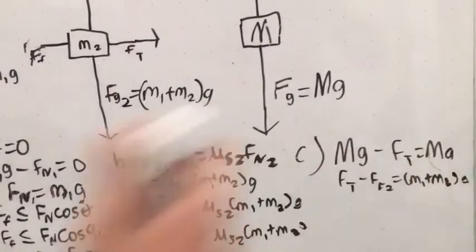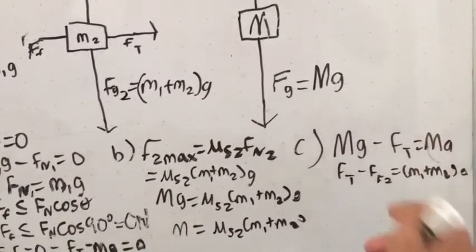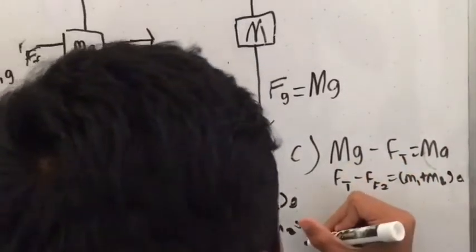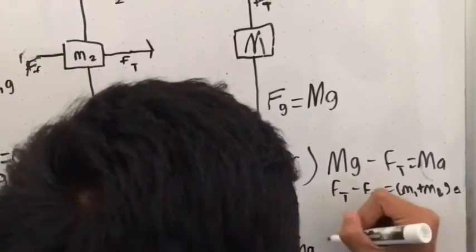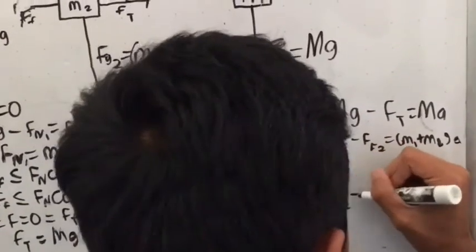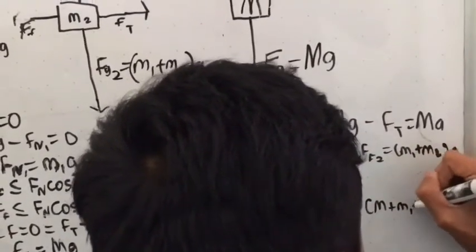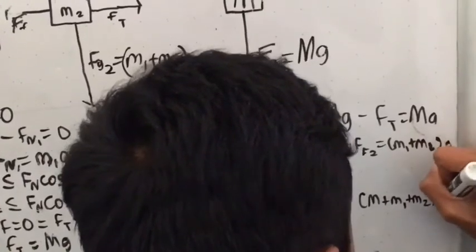Now we have to eliminate T to get a. So to eliminate T, we add both equations, and we get mg minus Ff2 is equal to m plus m1 plus m2 times a.